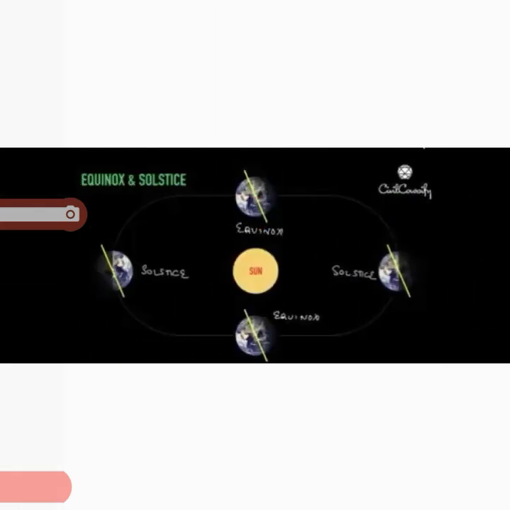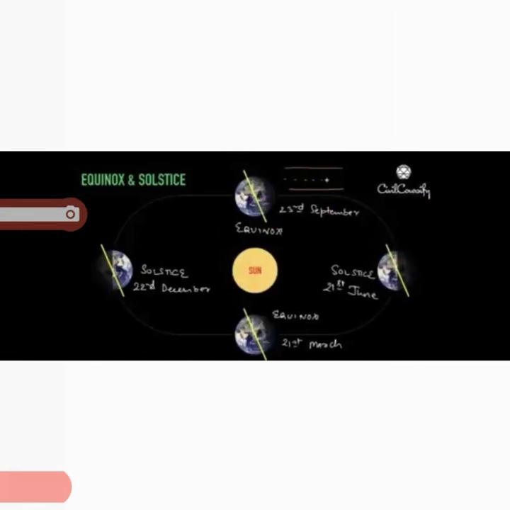When it comes to equinox, during the months of September and March, you have equal days and nights. The sun being at an equal distance from the autumn equinox to the vernal equinox, we would have equal days and nights.